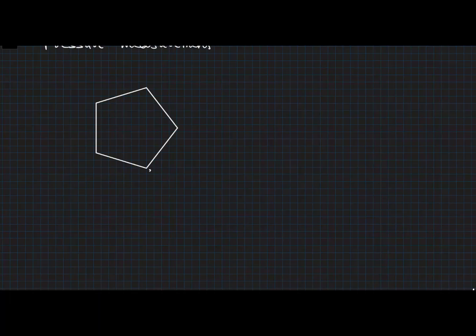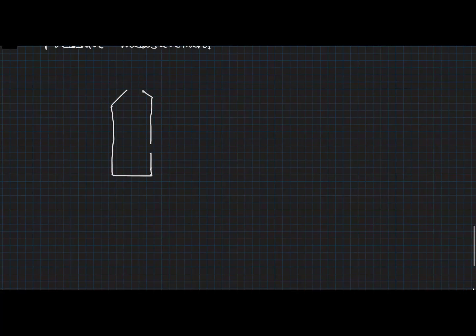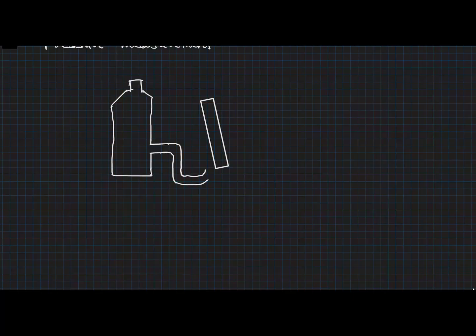Then you attach a U-shape tube here, which is filled with some liquid. And in this tank you have gas.